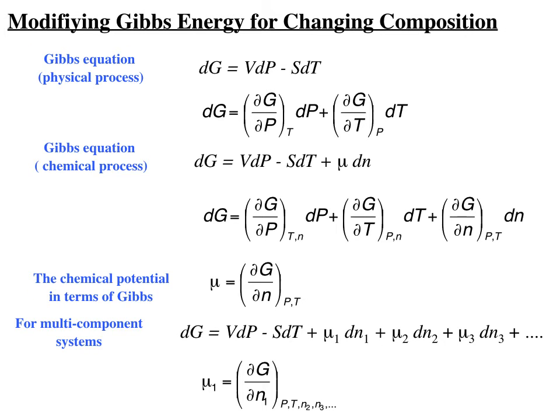Finally, and it turns out to be most importantly, let's play the same game on the Gibbs function. And hopefully we'll see at the end why this is the most important representation of the chemical potential. I begin with the fundamental equation for the increment of change of the Gibbs function, VdP minus SdT. This is the expression as it is written for physical change.